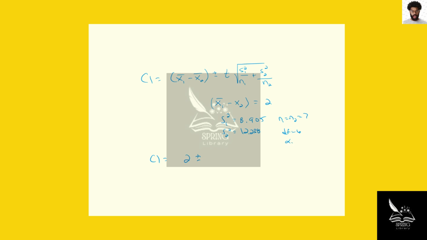And at 95%, alpha is 0.05, so the critical t is 2.4469.